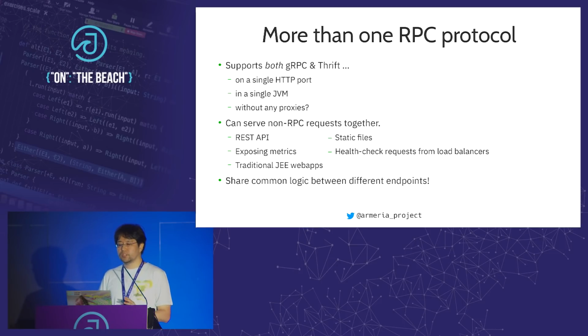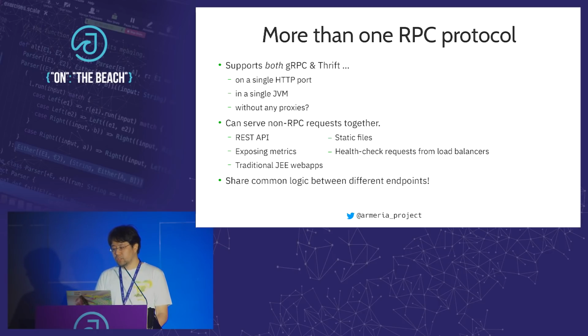You can even serve non-RPC requests like RESTful API, static files, even Prometheus metrics, and it can also serve health check requests from load balancers. You can even serve traditional Java EE web applications based on Tomcat or Jetty as well. All without opening an extra TCP/IP port, without launching two or more JVMs, just in a single JVM.